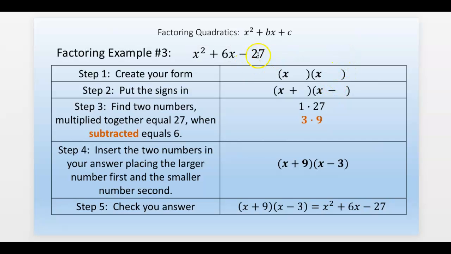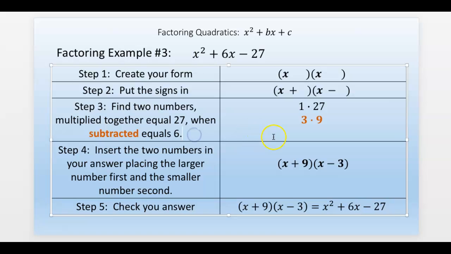Again, you factor the 27 into factored pairs, 1 and 27 and 3 and 9. But in this case, the pair we're looking for, when you subtract them, you get 6. Because of that negative in front of the 27, we're looking for the two numbers that, when you subtract them, you get 6.